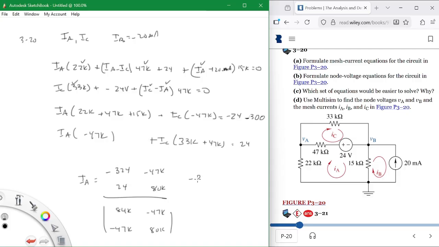Numerator is minus 24,792,000, and then the denominator is 84,000 times 80,000 minus 47,000 times 47,000, or 4,511,000,000.